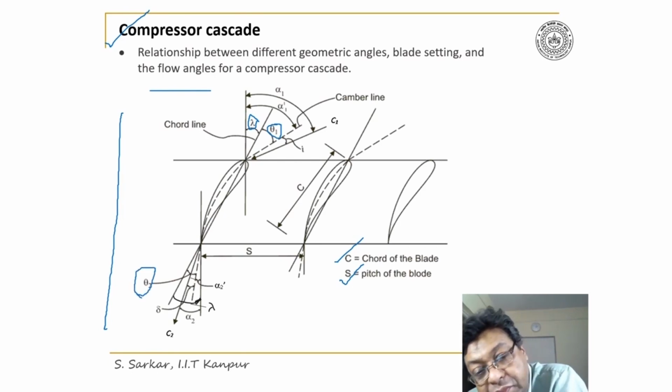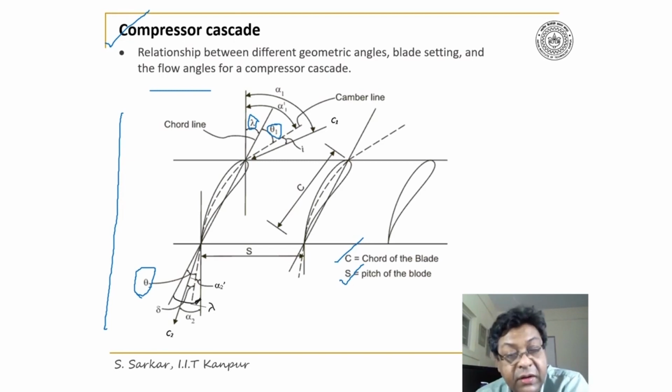Please note. Now, lambda plus theta 1, if you sum these two angles, will give you alpha 1 dash. Alpha 1 dash is the blade inlet angle. So this is alpha 1 dash. Similarly, you can get alpha 2 dash, which is the blade exit angle I have indicated here. Alpha 1 is the flow angle.